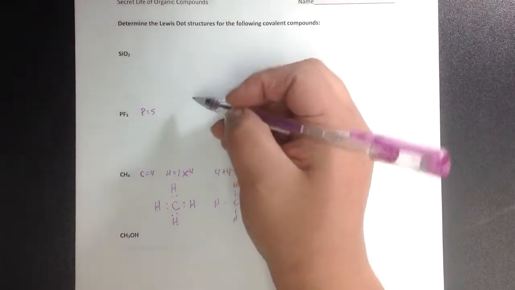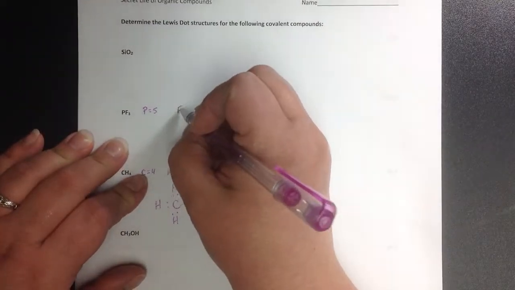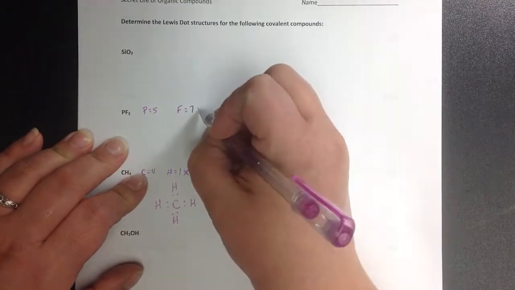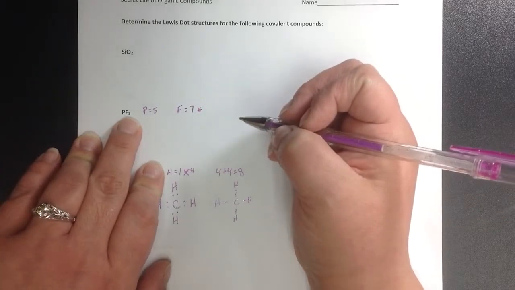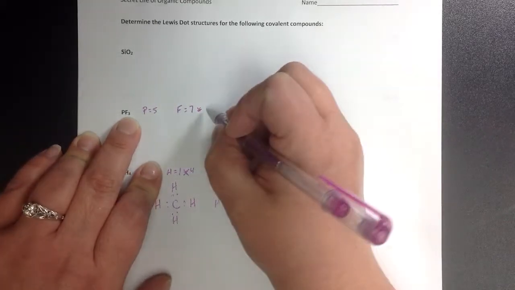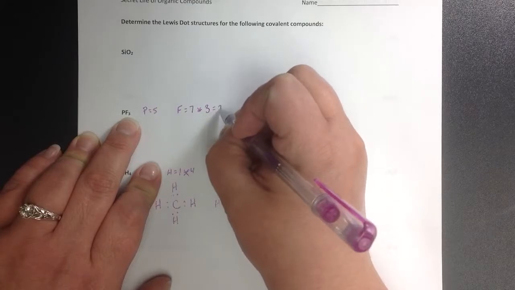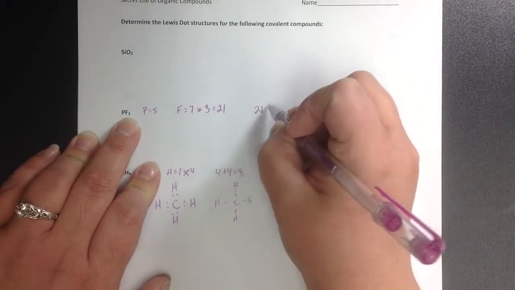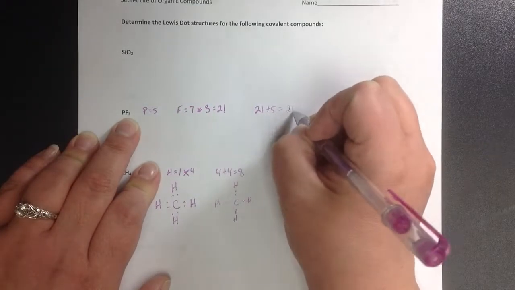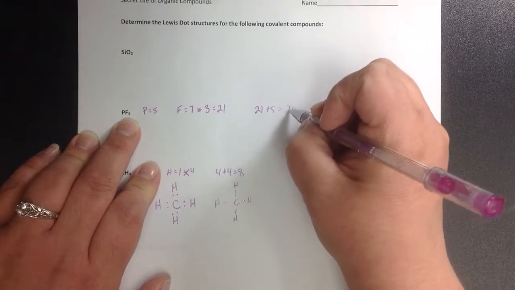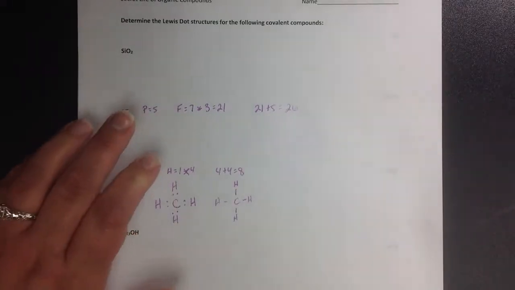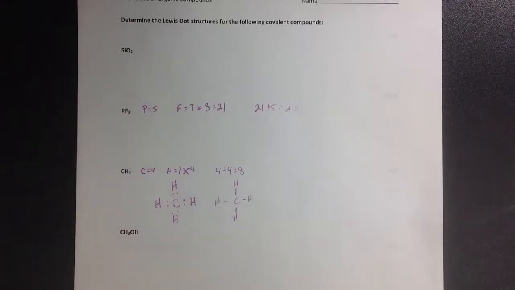So here we go. Fluorine is 7, and there's 3 of them. So 7 times 3 is 21. 21 plus 5 is 26. So I now have 26 electrons to put together this structure.